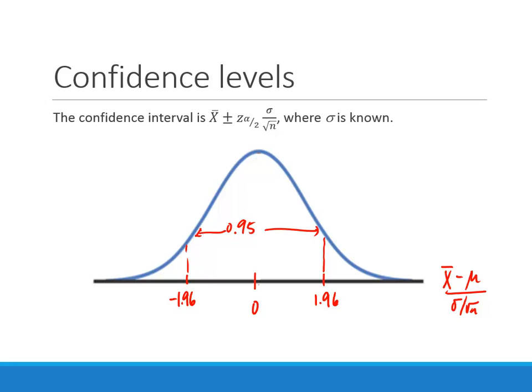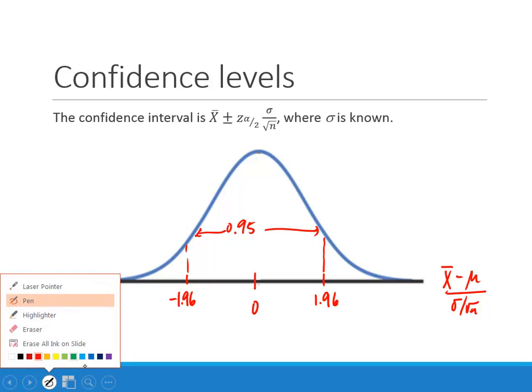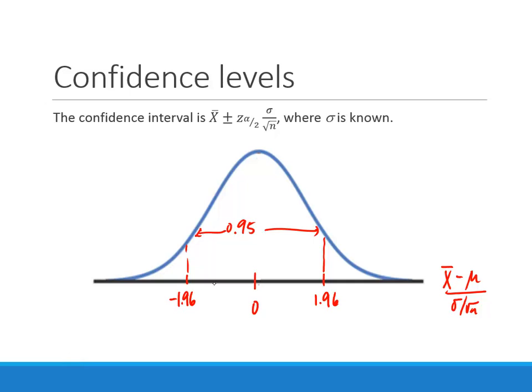Okay, but if I'm interested in a different confidence level, I could go from here to here and find two numbers such that I get maybe 90%. You can look up in the z table and find that these numbers are negative 1.645 and positive 1.645. And then maybe one other one to list on here.